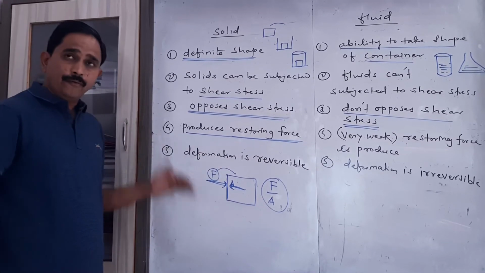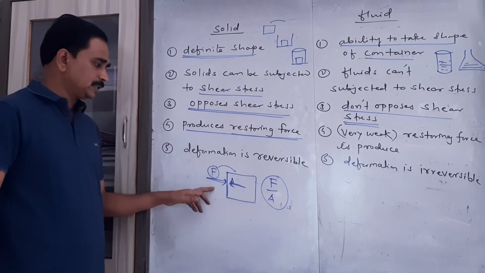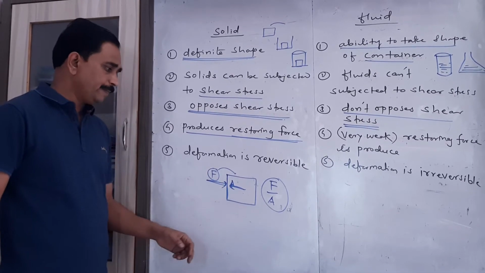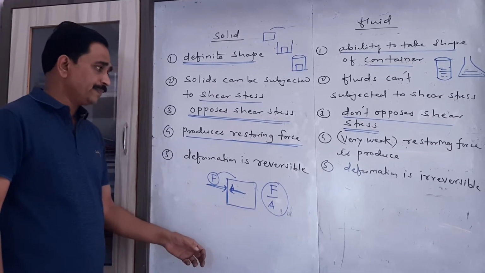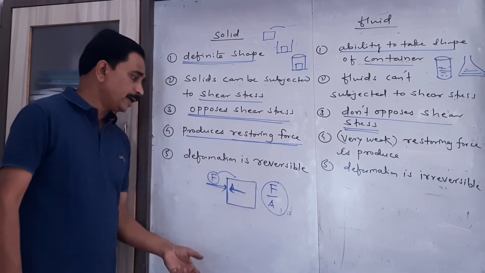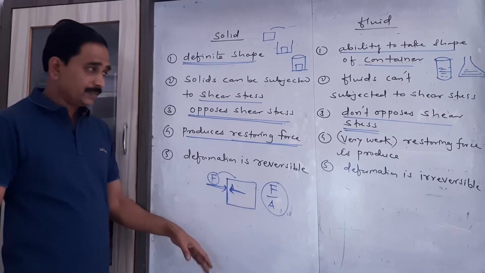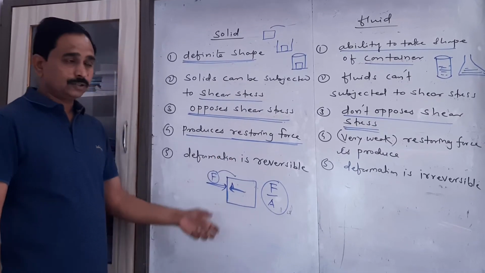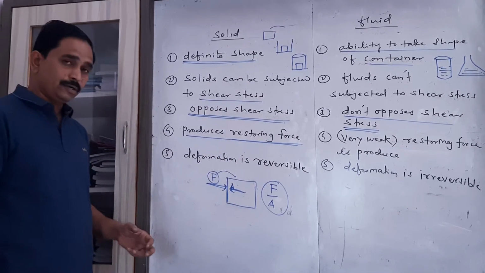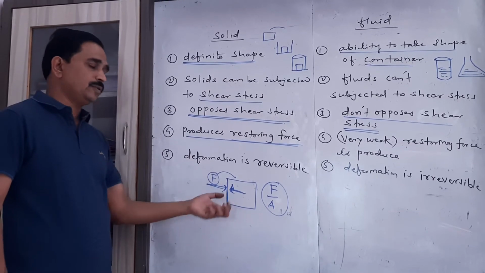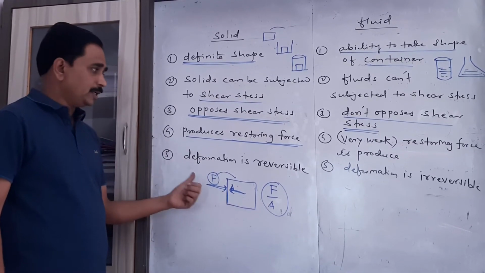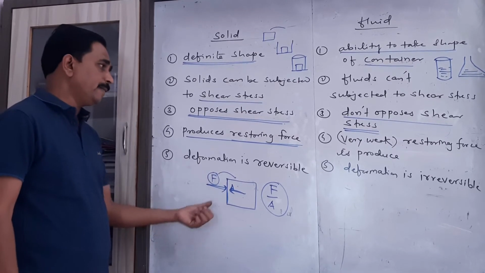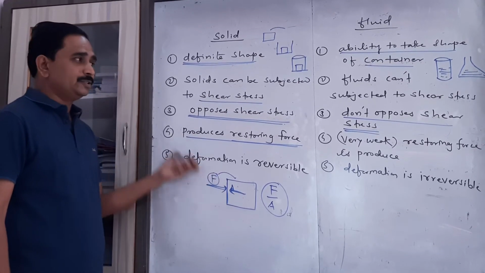Whenever we apply force externally on the solid, some force is set up inside the solid whose property is to regain its shape. That's why that force is called restoring. To restore means to regain its original shape. So whenever we apply shear stress in a solid, a restoring force is set up.